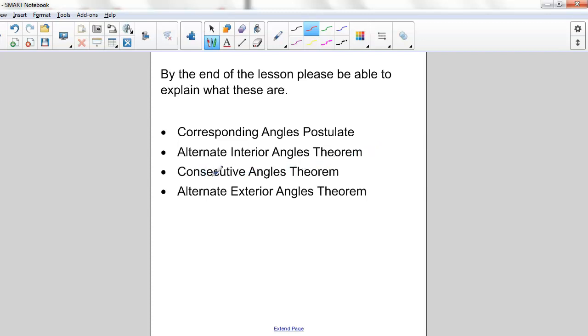Consecutive angles theorem: when two parallel lines are cut by a transversal, they are supplementary. And alternate exterior angles: when two parallel lines are cut by a transversal, they are congruent. So it's congruent, congruent, congruent, and this one is supplementary. That's basically all you need to know for tomorrow.